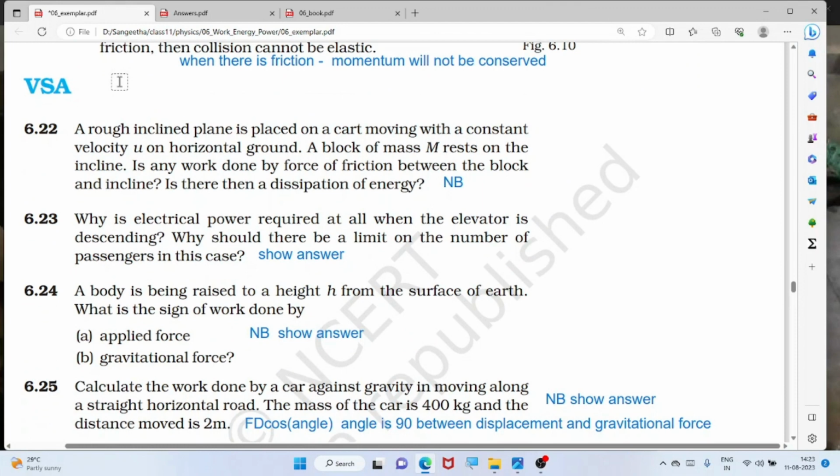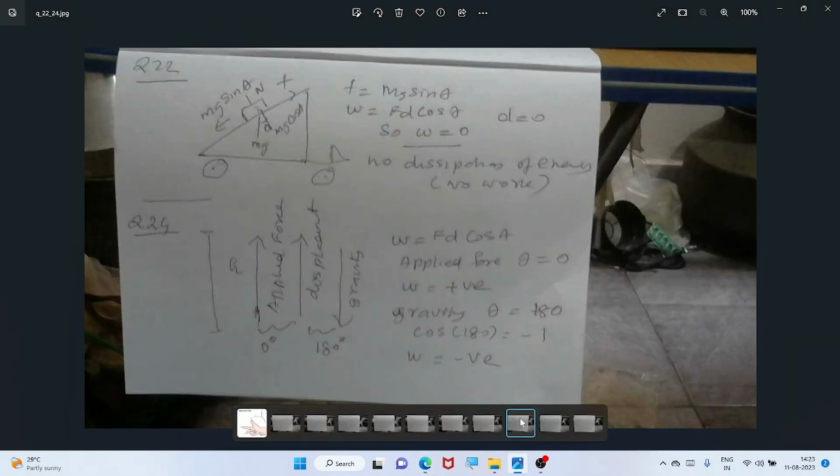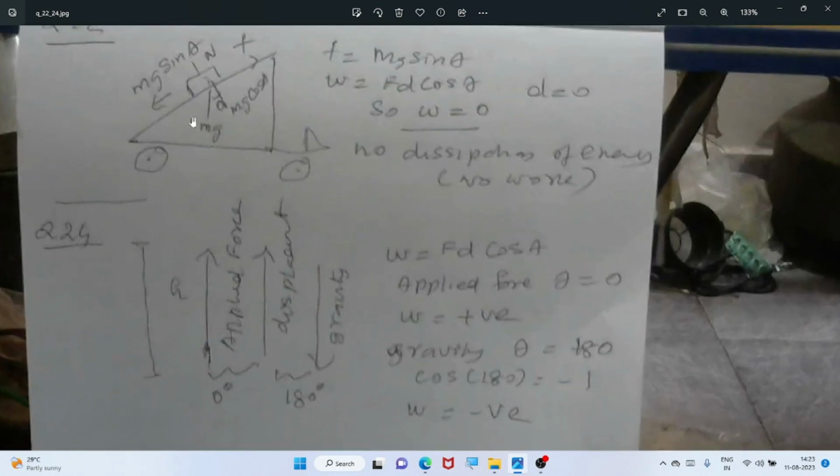Very short answer. A rough inclined plane is placed on a cart, and a block of mass m rests on it. This is the diagram. Here the force is mg sin theta, and work done is force times distance times cos theta.